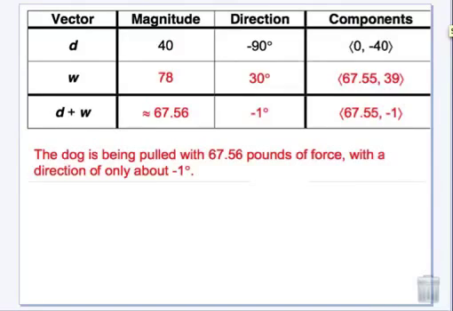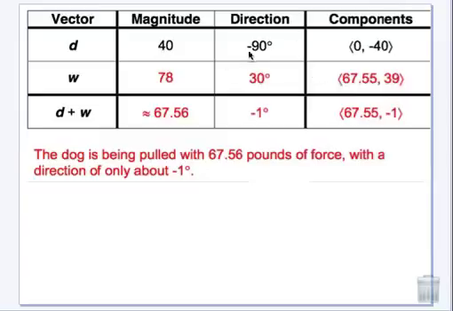Please make sure you have this page filled out. Do not leave it at home. Make sure you remember how to set up these tables here. They will help you tremendously, okay? Your first column is the labels of the vectors. Then you find the magnitudes, the directions, and then the components.